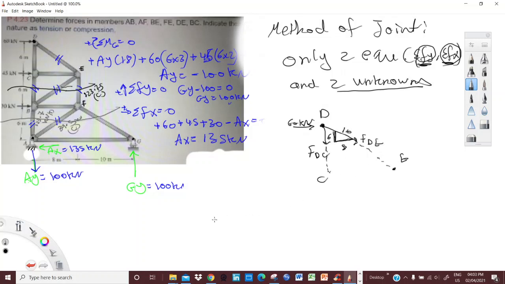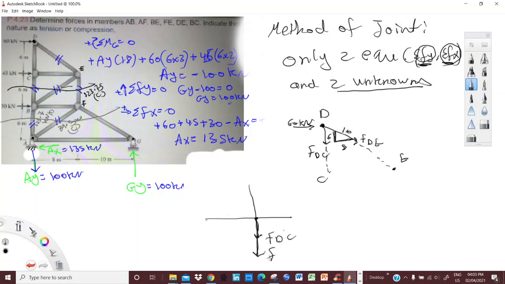Let's resolve the force. This is downward, this is downward. You have here FDC, and you resolve this one, DE.